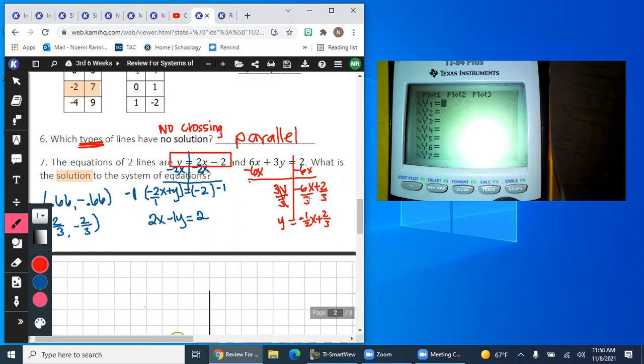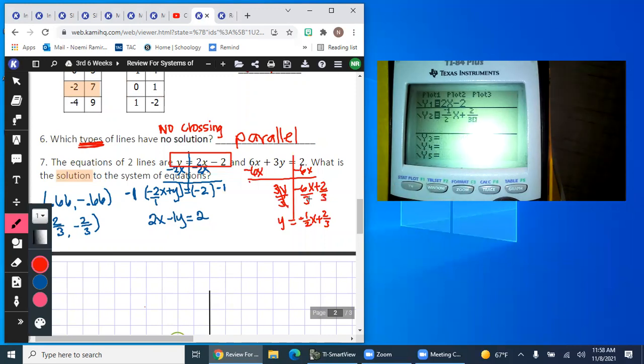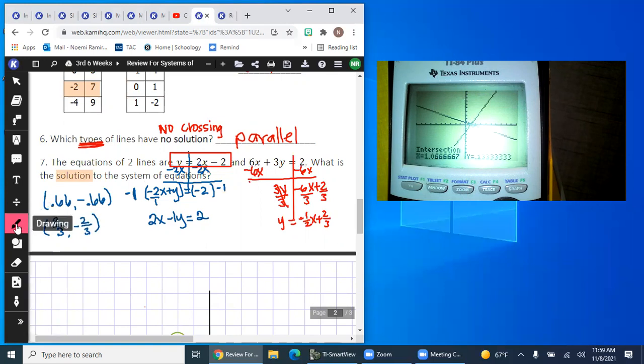So I go to y equals to put these two equations in. So 2x minus 2. And then now I'm going to put my other fraction, negative 1 over 2x plus 2 over 3. Second trace, number 5 for intersect. Wait for them to graph. When that first question pops up, enter, enter, enter. And they give you the point of intersection, which I think I typed something in wrong.